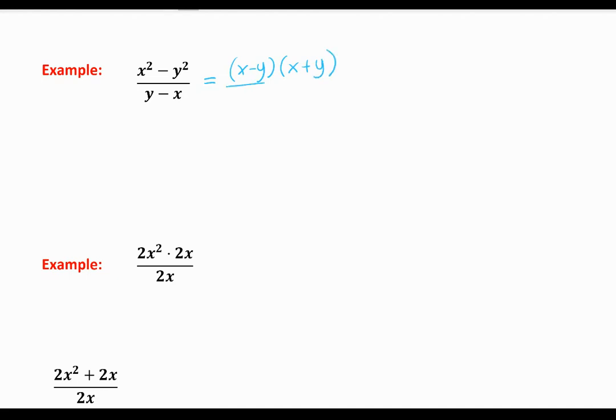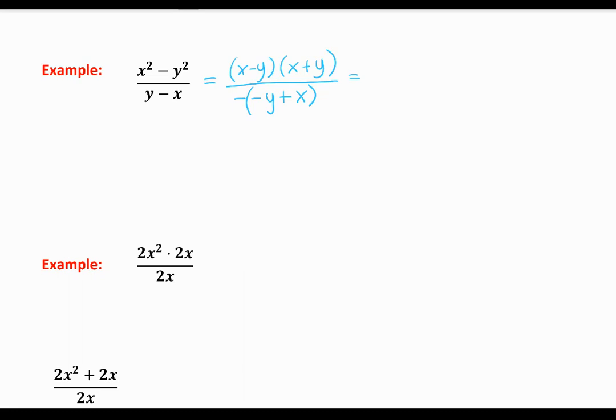Okay, so x minus y and y minus x look like each other, but there's a sign problem. I can write this one as minus y plus x. So these two are actually the same thing.